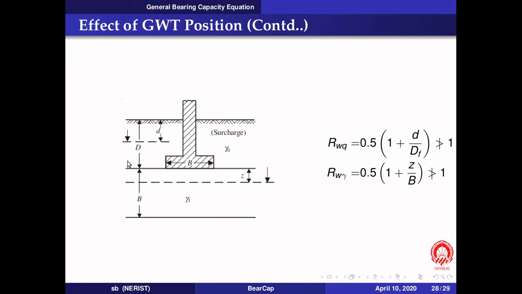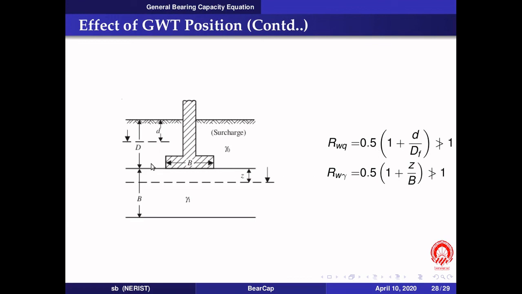When the groundwater table is between the ground level and the foundation level, then we have RWQ, the surcharge term, equal to 0.5 times (1 plus d by Df), and the total cannot be greater than 1.